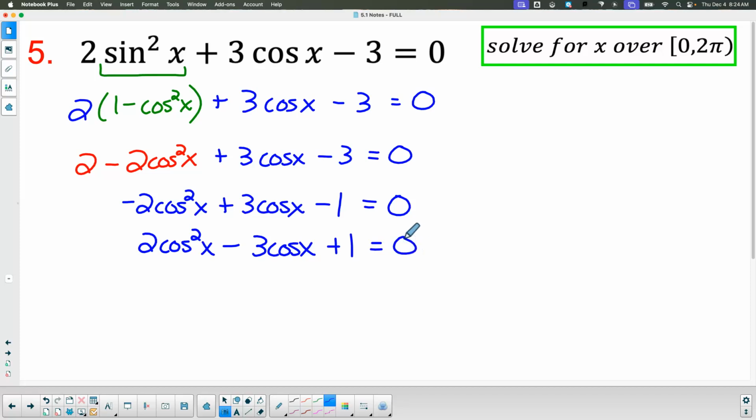Okay? Now, how would I factor this one? Can I factor out a cosine? Why not? Because there's a 1. So I can't just straight up factor out a cosine. So what am I left with then in terms of factoring?